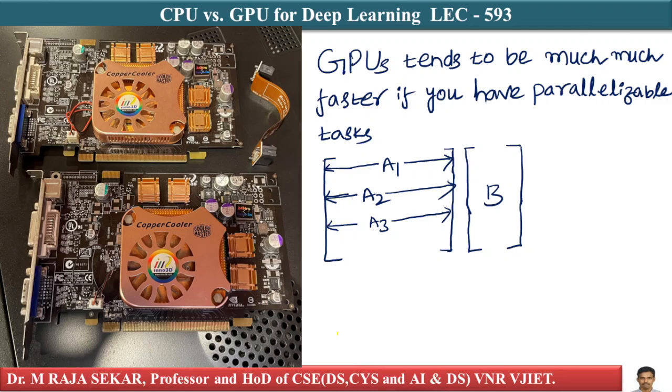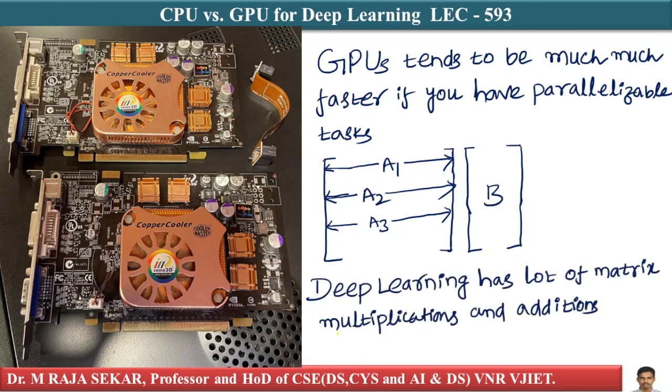All these can be performed by different computational units, because of matrix operations. Remember what all of deep learning is. If you think about it, deep learning literally has a lot of matrix multiplications and additions. It's all basically a bunch of matrices or vectors.